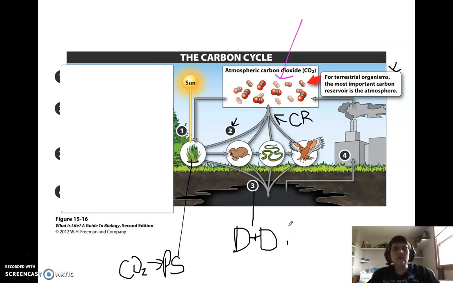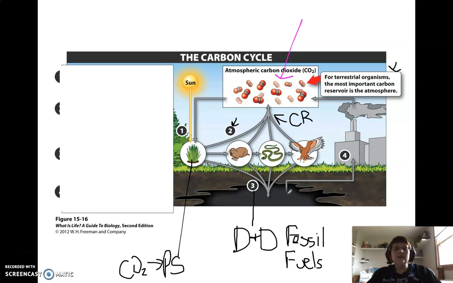You may have heard of those before, referred to as fossil fuels. Fossil fuels are basically just decayed plants and animals, hence the fossil part. They get formed by burying plants and animals, burying their carbon, and it gets transformed.